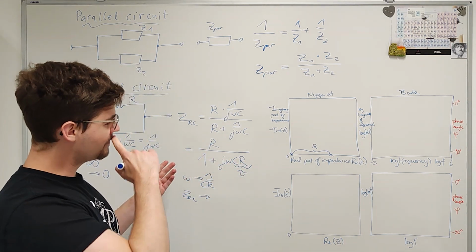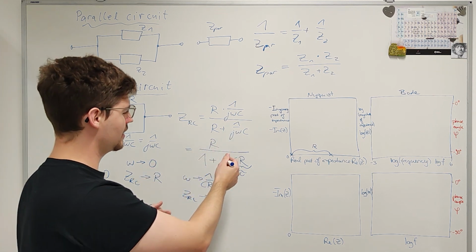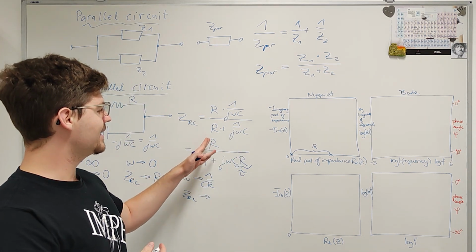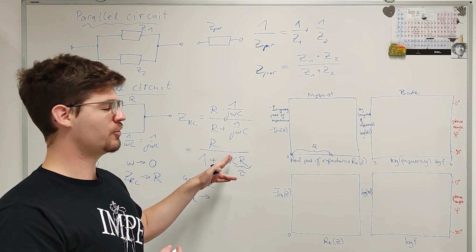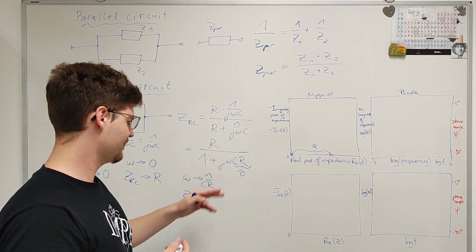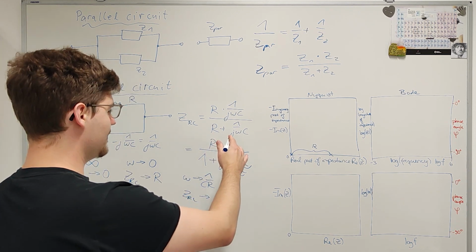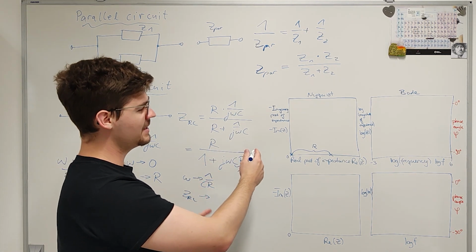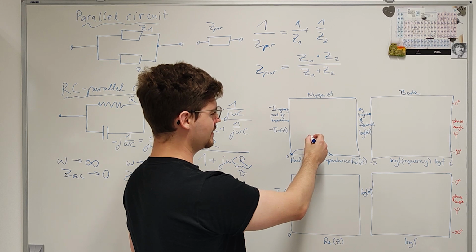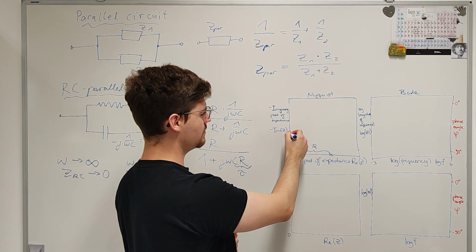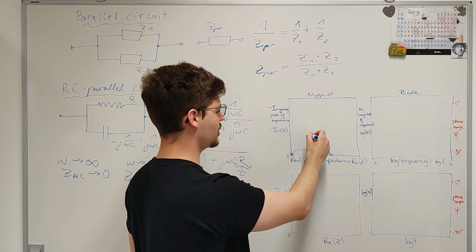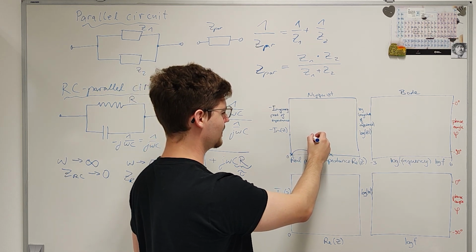And so if we simplify this, we get a real part of R half and an imaginary part of minus R half. Now, what this turns out to be is a point that is located here at R half on the real axis and minus R half on the imaginary axis, which is this point.